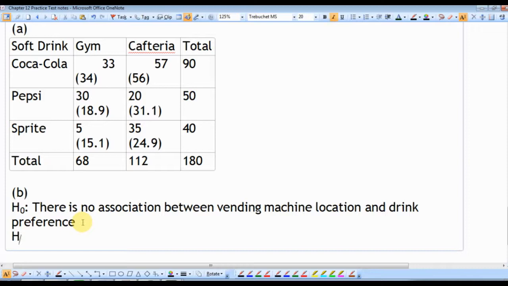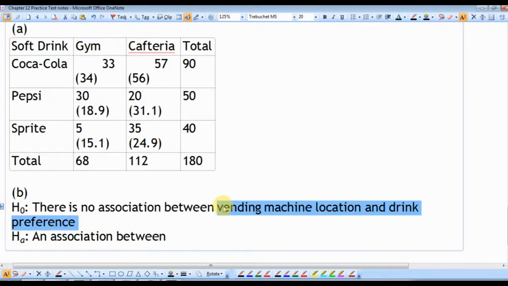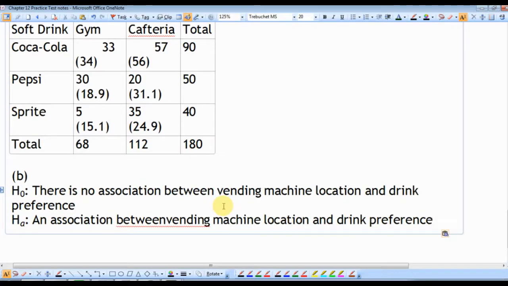Alternatively, an association between vending machine locations and drink preference exists.